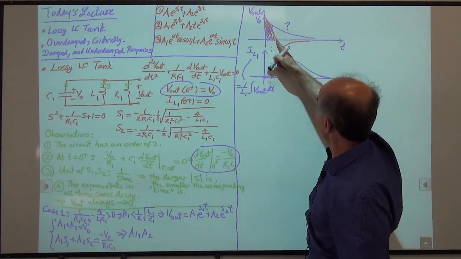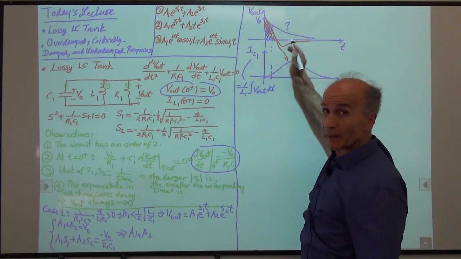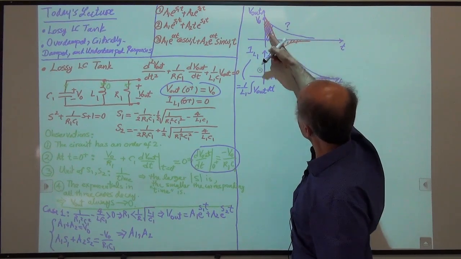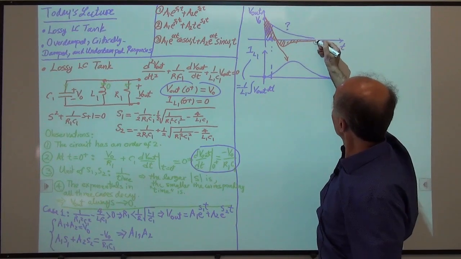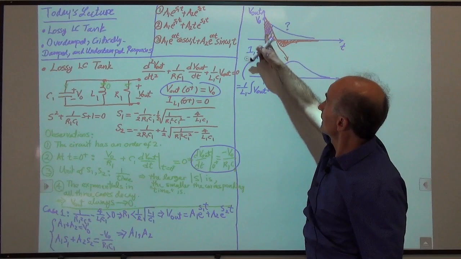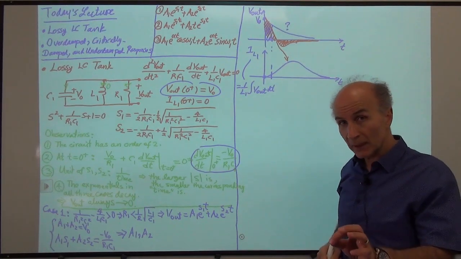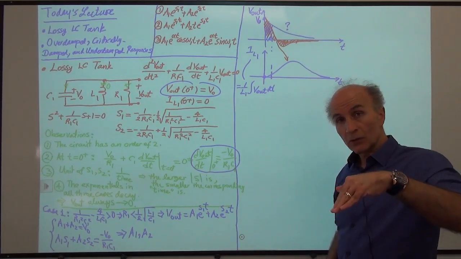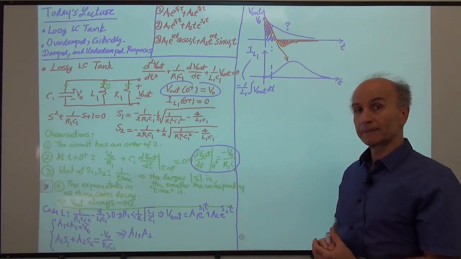You can see my times are not aligned, but that corresponds to this peak. Beyond that, the area is negative, so it begins to cancel that positive area, and the output begins to fall. When we go to time infinity, if you add up all of this area, it's equal to this area, and then everything makes sense. So the output voltage, even in this simple case, has to come down, go below 0, and then come back and approach 0.